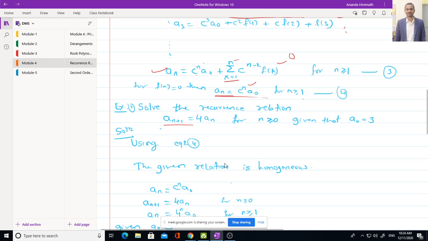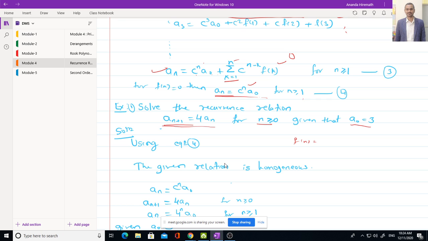Solve the recurrence relation. The given relation is a_{n+1} = 4 a_n for n greater than or equal to 0, and it is given that a_0 is equal to 3. Here we observe that there is no f(n), that is, it is homogeneous.